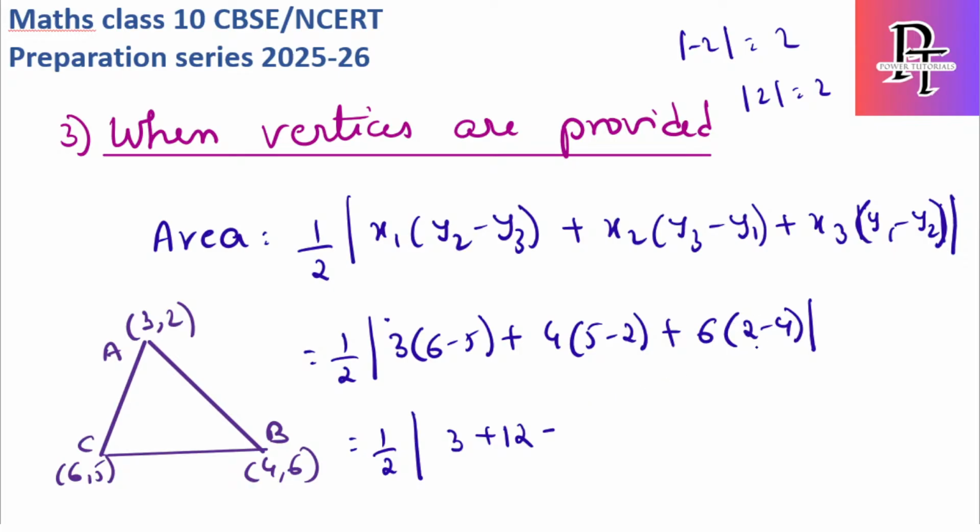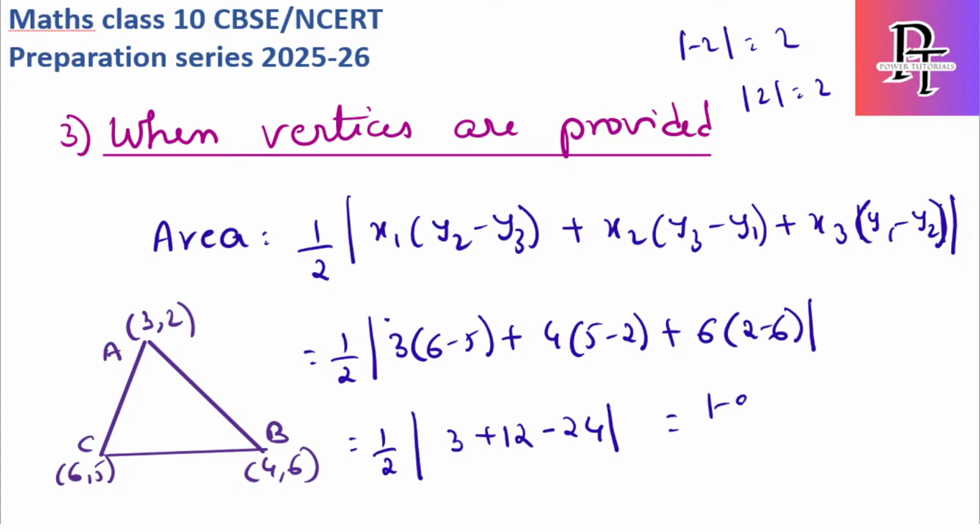Sorry, 6 into 2 minus 6, which is minus 4, 6 4s are 24. So which becomes 15 minus 24, which is minus 9.